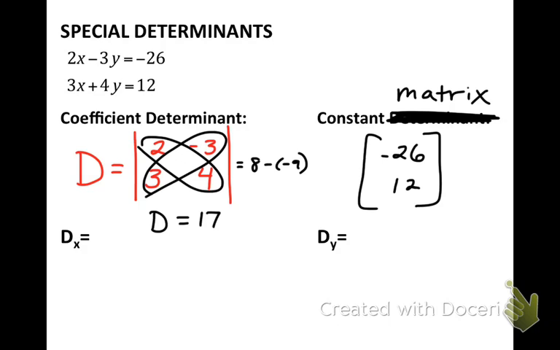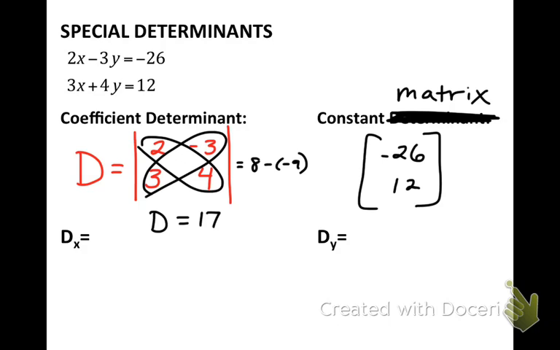So this is what happens. When you find your matrix of your x's, you are going to literally input the values of your constant matrix in place of where the x coefficients would be. So instead of 2, 3, I would input negative 26 for this element, and I would input 12 in place of 3.